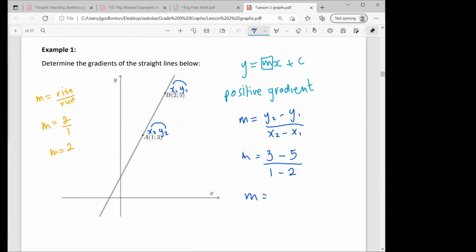And 3 minus 5 is negative 2. 1 minus 2 is negative 1. A negative and a negative becomes a positive. And so my gradient would be 2. And so we get the same gradient, whichever way we work it out. Now, this way is the way that we're going to use mostly in high school, so it's the way that you really need to start embracing.